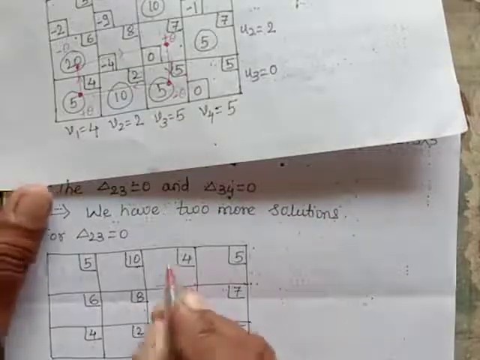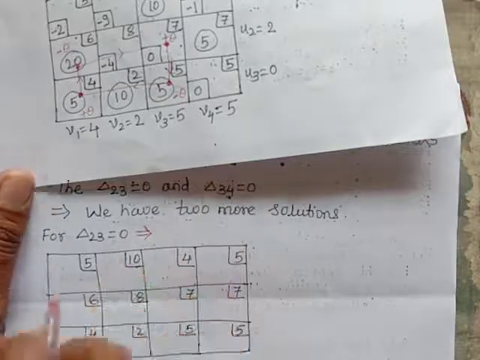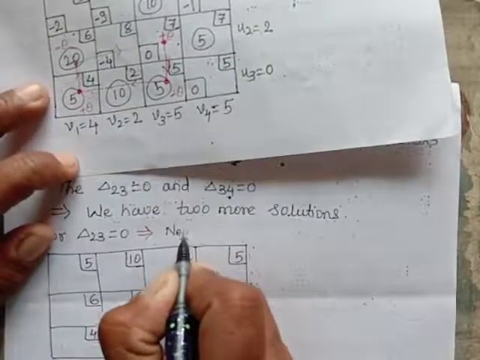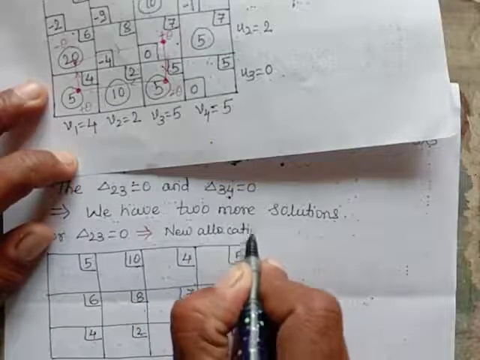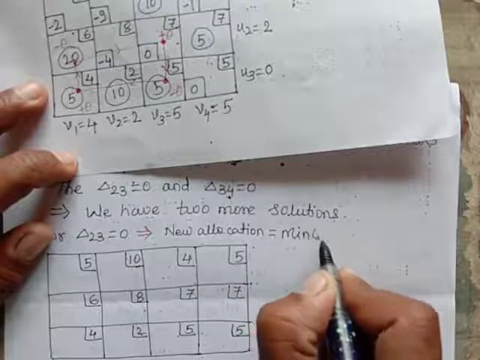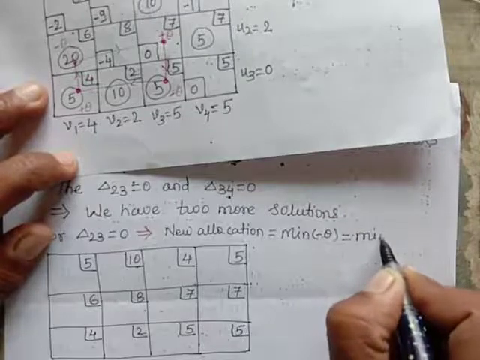So here I must write this. This implies new allocation equal to minimum of minus theta. That will be minimum of whom?